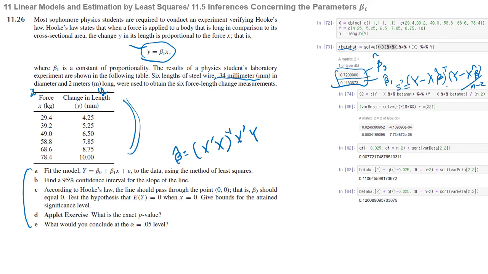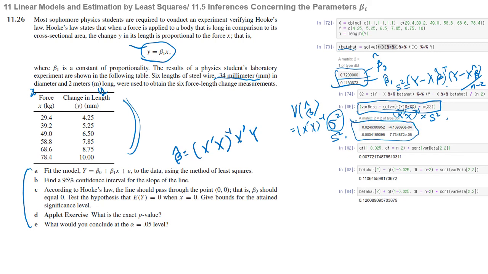This is the S squared estimate using matrix form. And the variance of beta hat is x transpose x inverse times sigma squared. If we put our estimate S squared here, this is our variance estimate: x transpose x inverse times S squared.